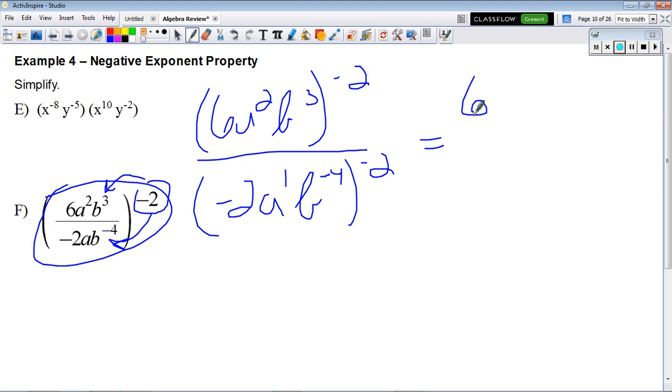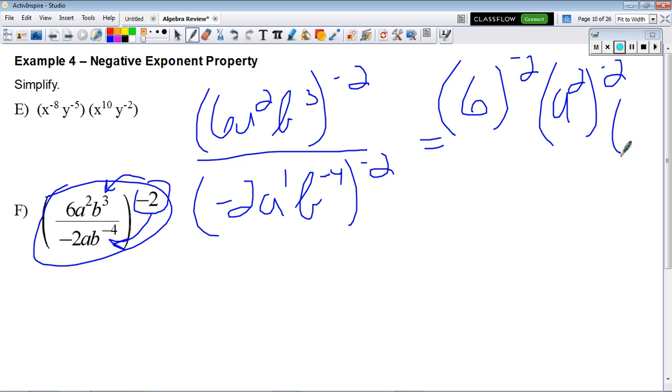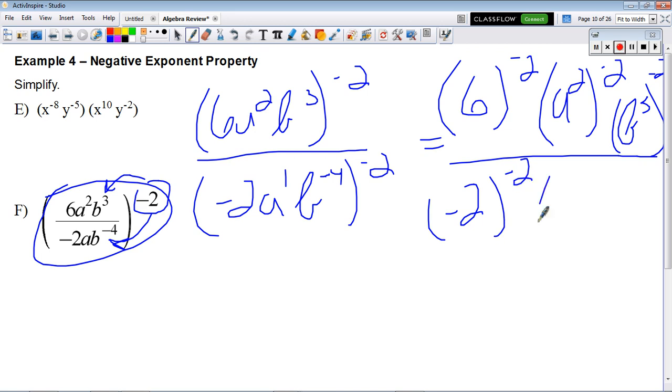So I got 6 to the negative 2, and then I have a squared to the negative 2, and then b cubed to the negative 2, and then on the bottom here I have negative 2 to the negative 2, a to the first to the negative 2, b to the negative 4 to the negative 2.